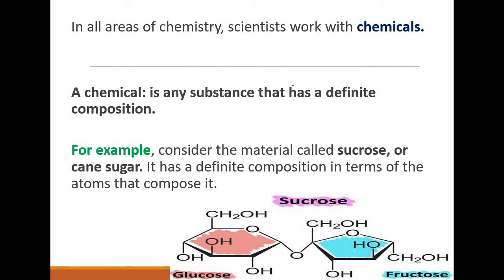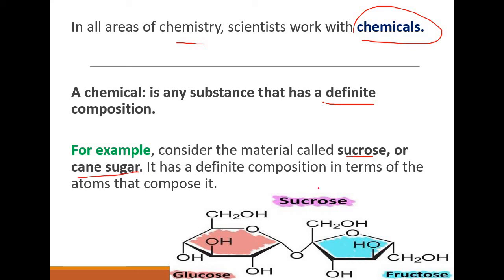In all areas of chemistry, scientists work with chemicals. So what is meant by chemicals? A chemical is any substance that has a definite composition. For example, sucrose or cane sugar.